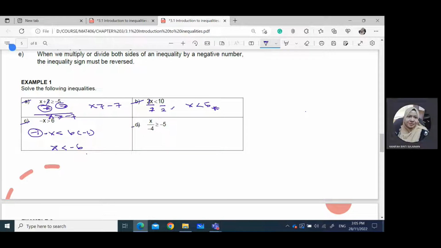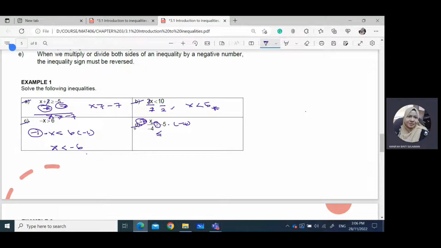And then for D, we have x over negative 4 greater than or equal to negative 5. So this one, we need to multiply with negative 4 for both sides. Okay, so the inequality will be changed from greater than or equal, then we have less than or equal.